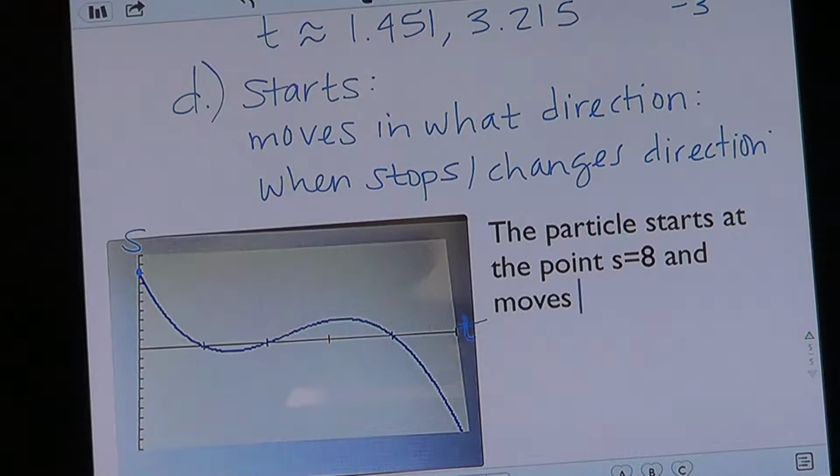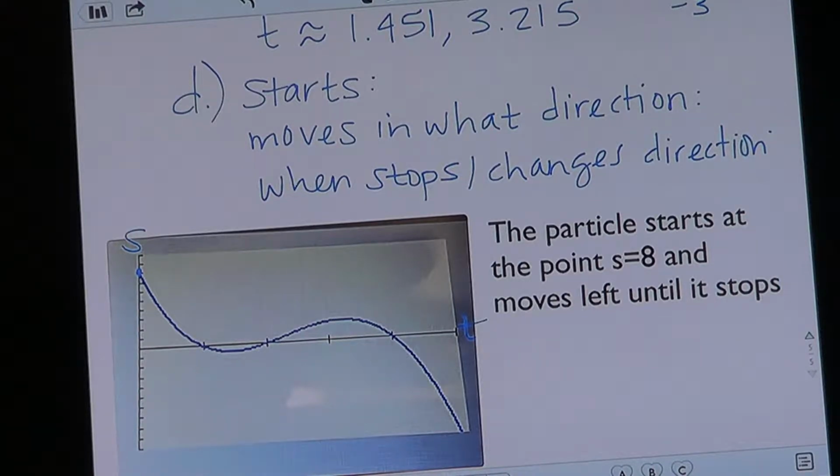If it's moving in the negative direction and it's going along the line, would that be going to the right or going to the left? Left. Right, so it's moving left until it stops. And I think we already figured that out.